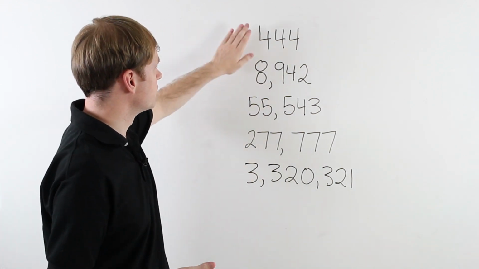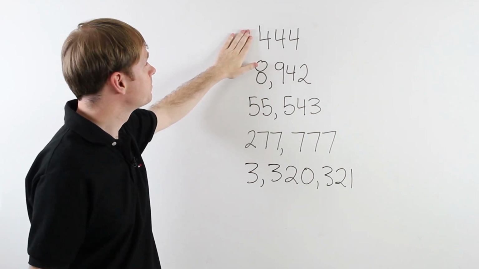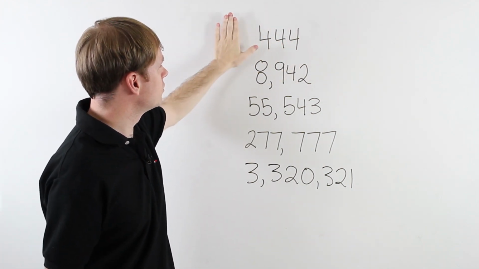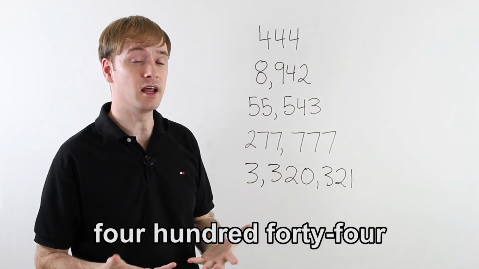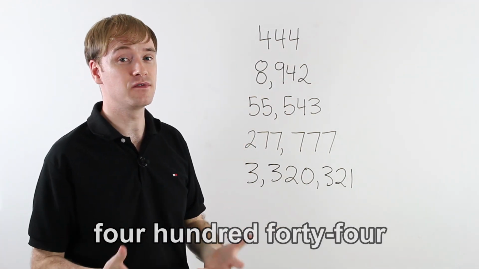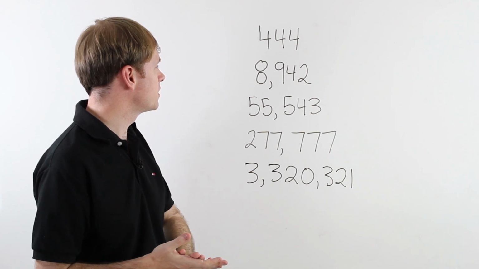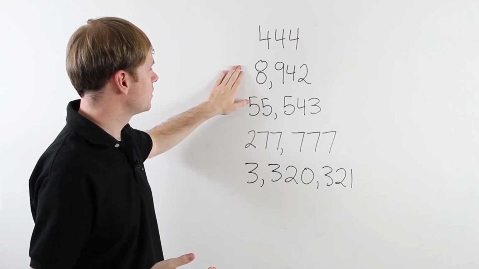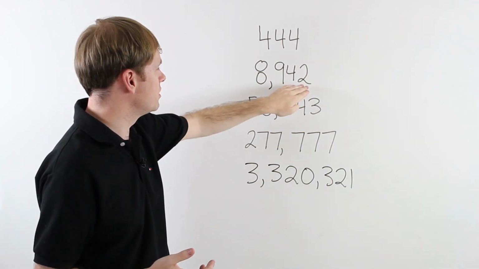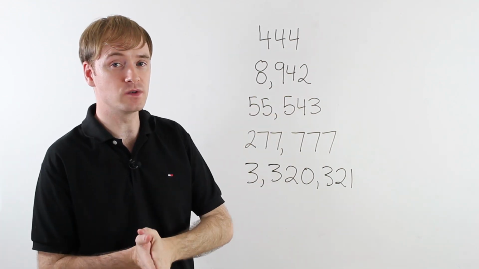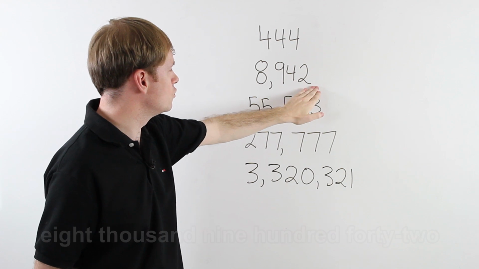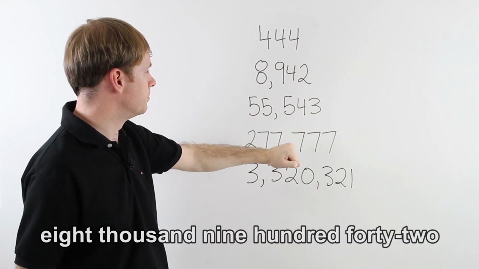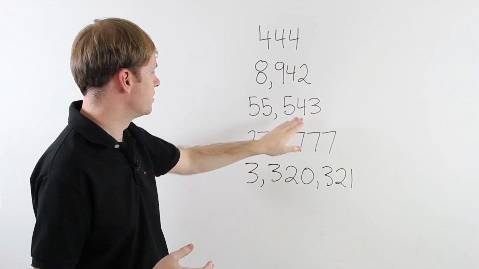Okay, so the first one, how much is this? Well, 444. And again, we can use the "and". The next number, okay, we know 3 zeros or 3 numbers here. This is 1,000, so 8,942. The next number, okay, lots of numbers.